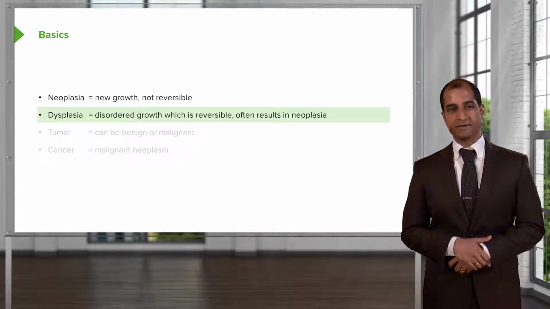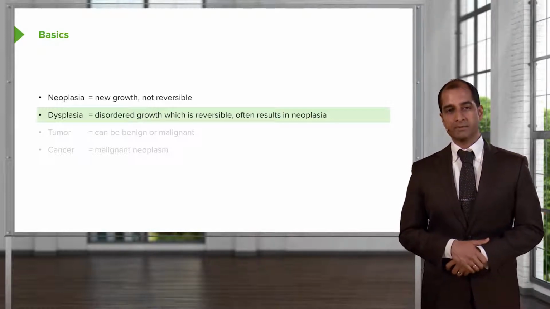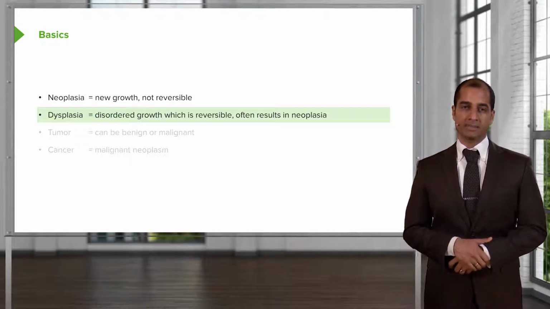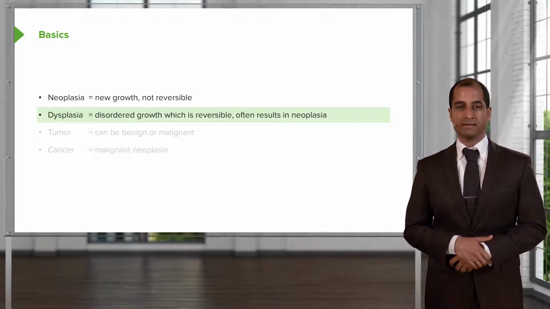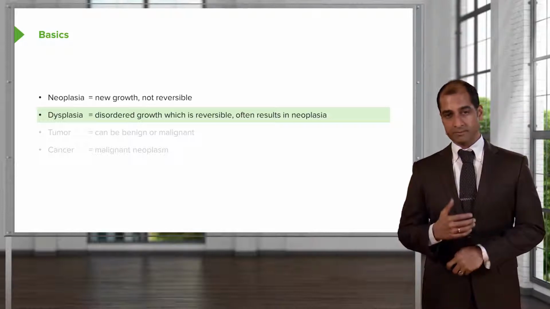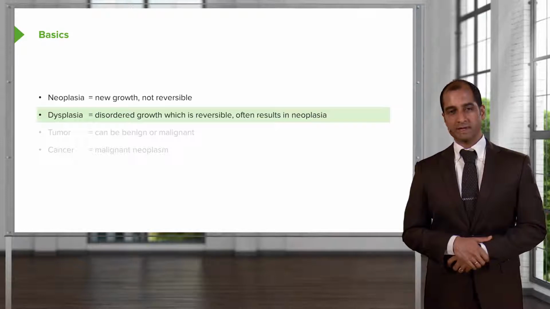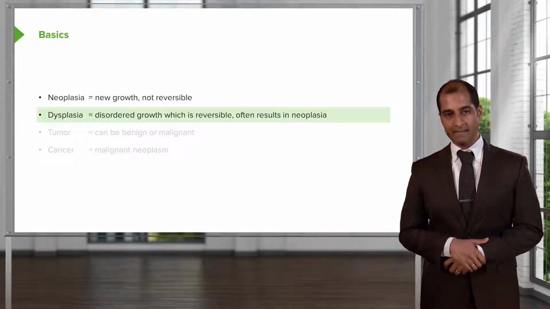Dysplasia, very important topic. For example, let's say that you have an organ that's undergone hyperplasia. With hyperplasia, which means increased number, one would think that there might not be a tendency of going on to neoplasia. That is incorrect.